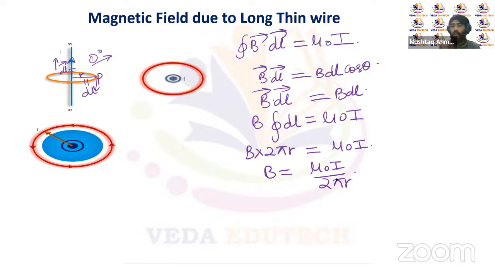We have to check the direction of the length element of that Amperian loop with respect to the magnetic field because of the current element, and find the direction of the magnetic field vector with respect to the length element vector in order to find the total magnetic field. So this is how we applied Ampere's circuital law for this case. That's the magnetic field due to a thin infinite wire, mu naught I upon 2 pi r.